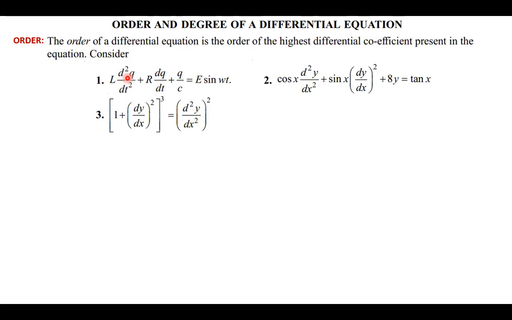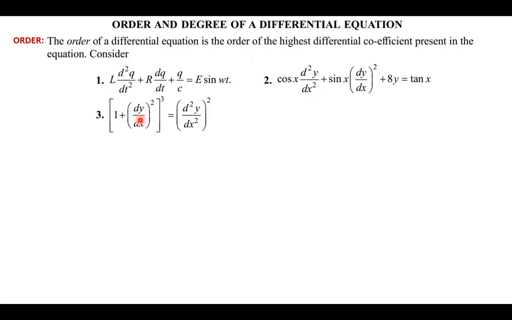We have dy/dx, d²y/dx², and d³y/dx³. Looking at those three differential coefficients, the highest order there is 3. So if you are asked to find the order of such an equation consisting of dy/dx, d²y/dx² and d³y/dx³, the order there is 3, because that's the highest number.